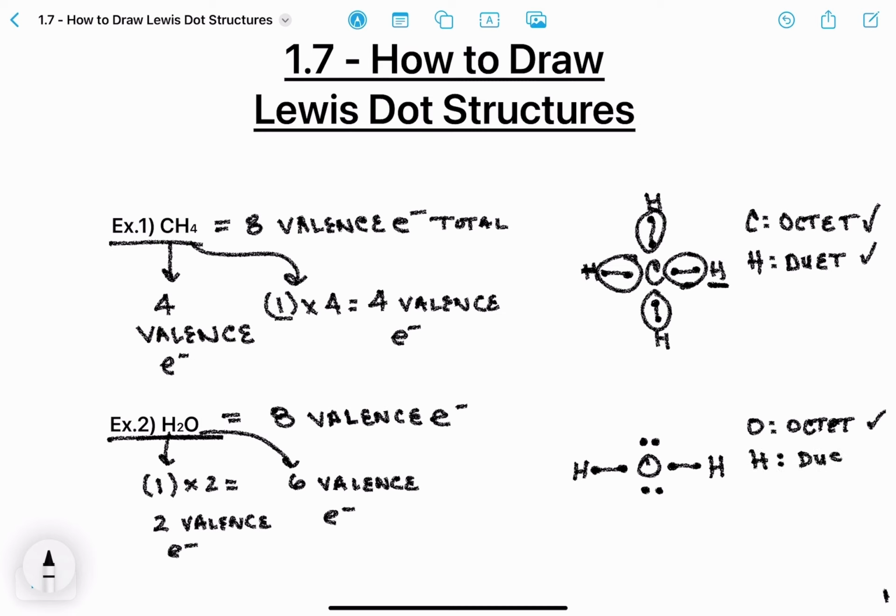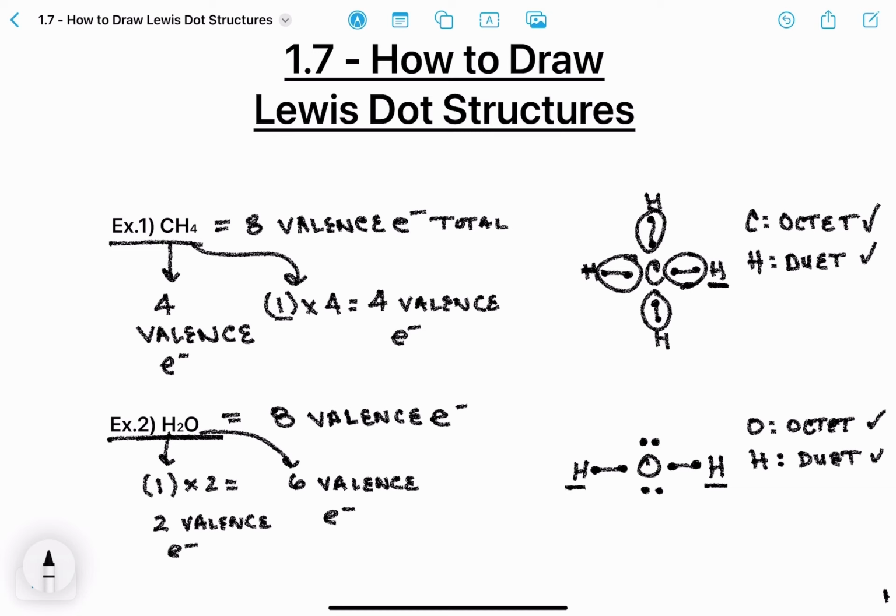Hydrogen 1 has a bond, and there are 2 electrons in that bond, so it's good on its duet. And hydrogen 2 has 2 electrons contained in that bond, so it's also good on that duet. Both of them have achieved the octet and duet, so this is the correct Lewis structure. Now, a molecule can have multiple Lewis structures as it gets larger, but when we're dealing with smaller molecules, typically there's only one correct Lewis structure.